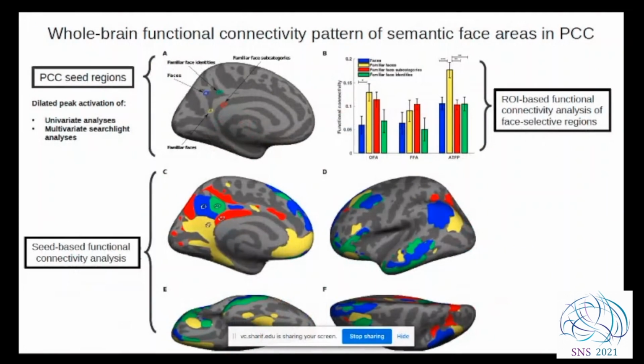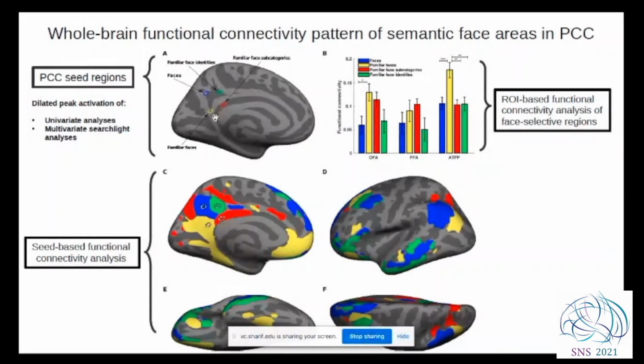Finally, we looked at the connectivity patterns of these four regions, these four PCC regions. So in this analysis, we defined seed regions within posterior cingulate cortex.